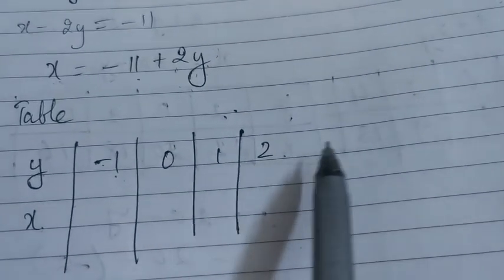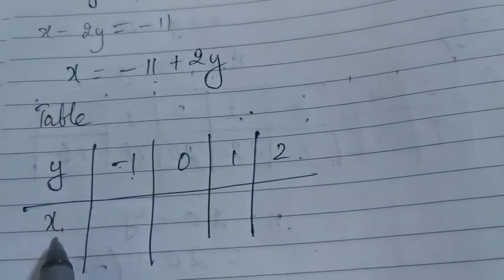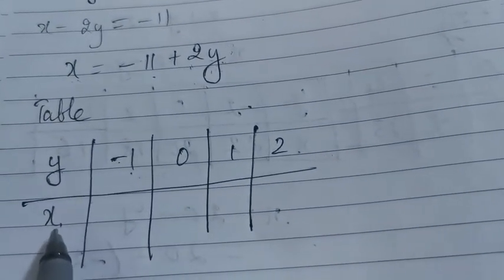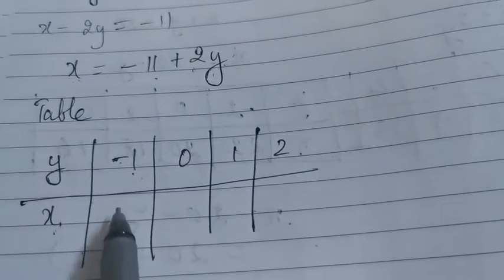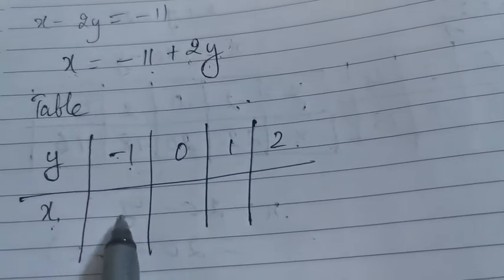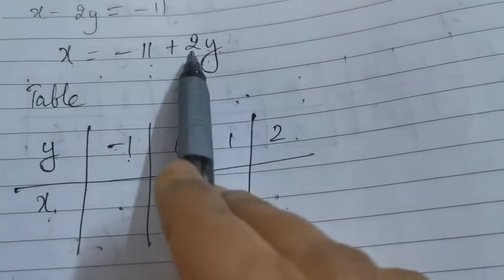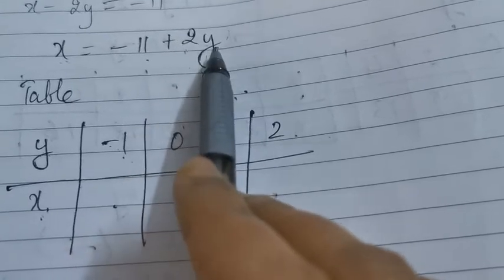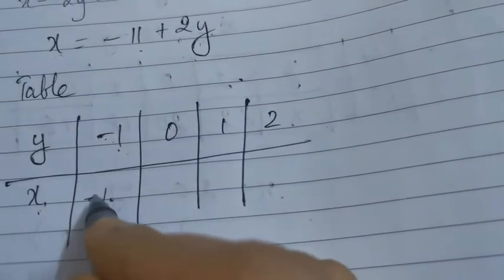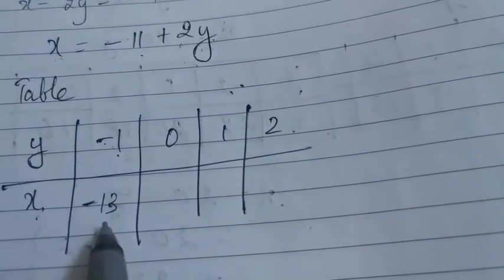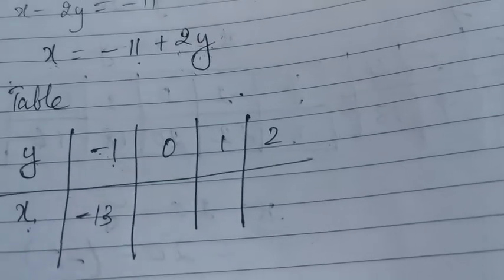You can assume your own values for y. But the value of x, we will have to calculate it based on this equation. Now for the first value, I will have to substitute minus 1 in the place of y. So 2 into minus 1 gives me minus 2. Minus 2 and minus 11 gives me minus 13. So the value of x is minus 13 and the value of y is minus 1.